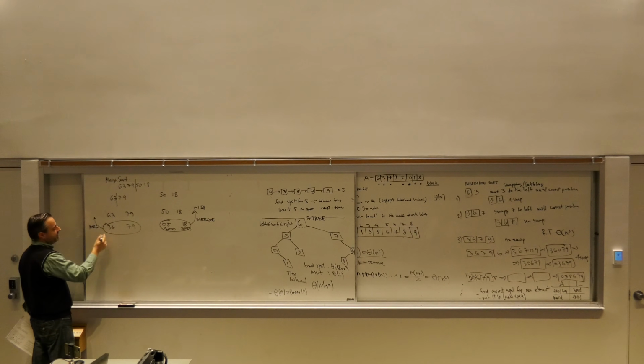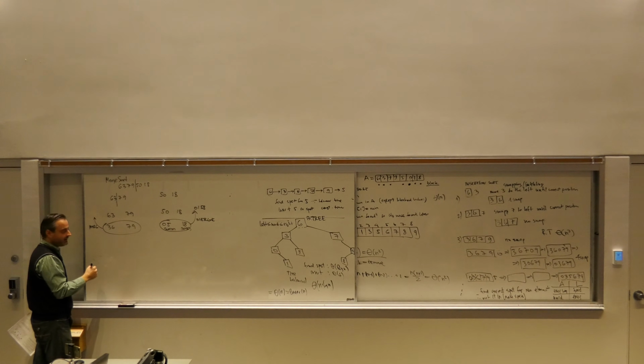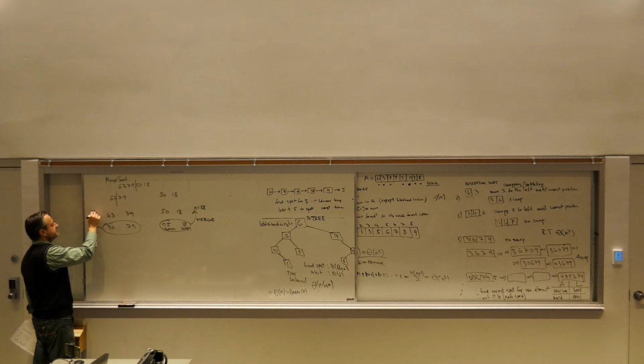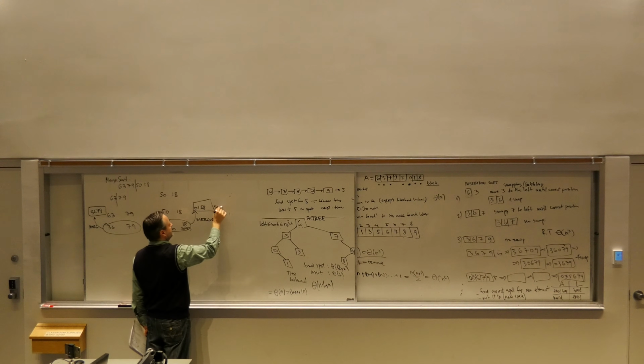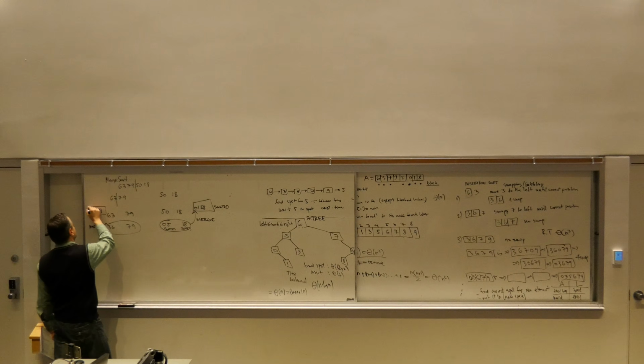What sequence do I get? If I merge them, this is sorted, but I have to interleave them now properly. What's the sorted sequence here? 3, 6, 7, 9. And now I'm looking at 3, 6, 7, 9 and 0, 1, 5, 8. That's sorted. This is sorted.